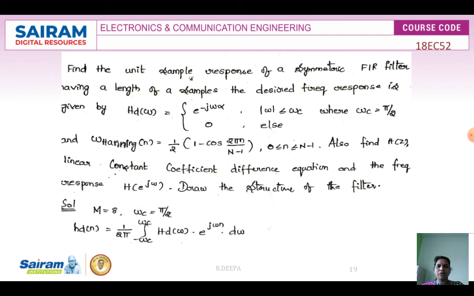Also you have to find h of z and the linear constant coefficient difference equation, as well as the frequency response h of e power of j omega, and finally we need to draw the structure of the filter.